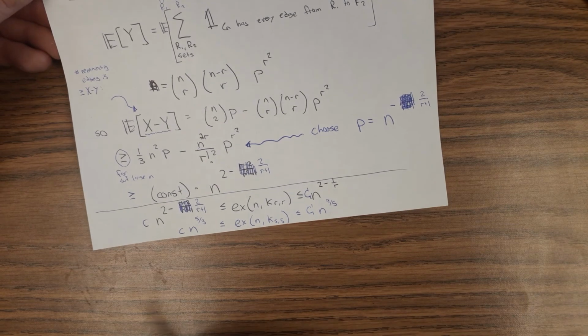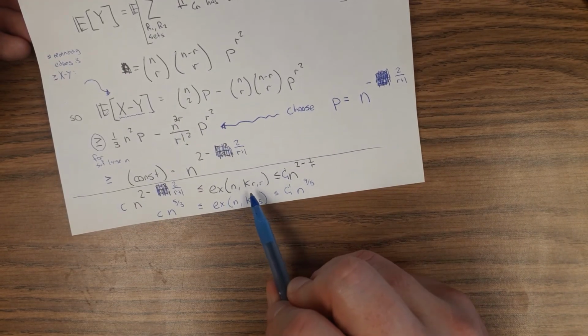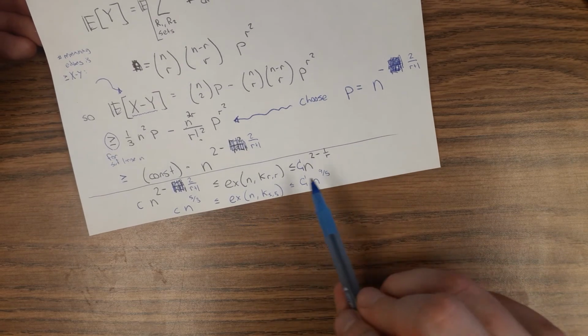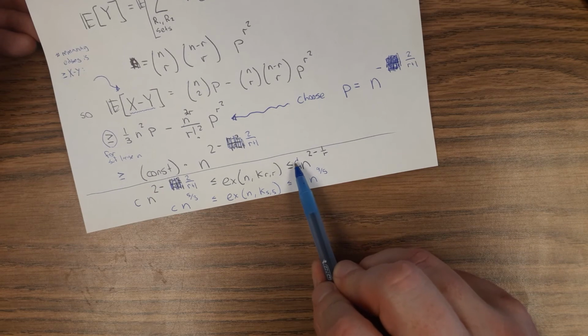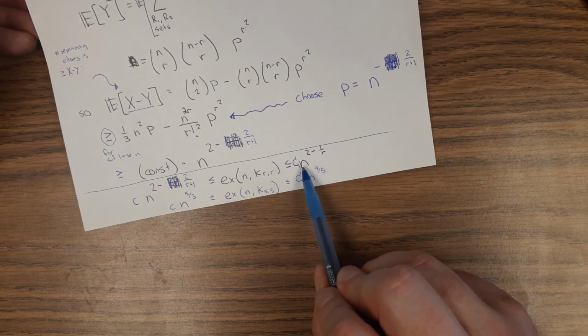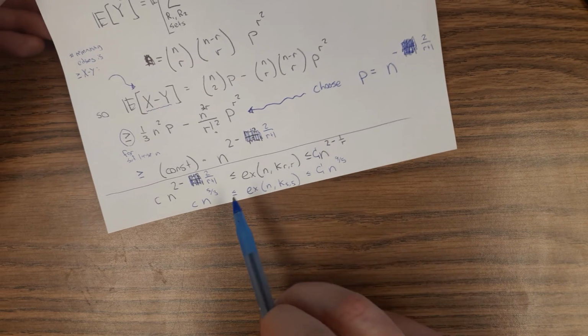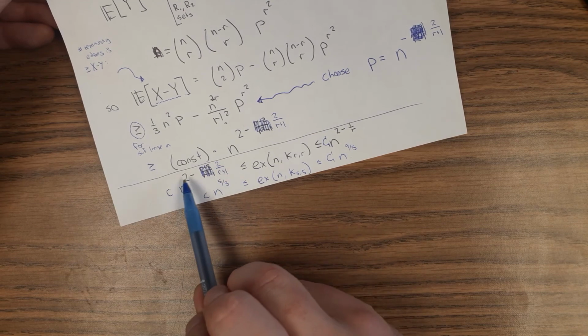So just to review, we got upper and lower bounds on the extremal number of K_{r,r} in general. Our upper bound was a constant, and I'm not being too picky about this constant, so I just wrote a big C, times this power of n, and our lower bound was some other constant times this power of n.